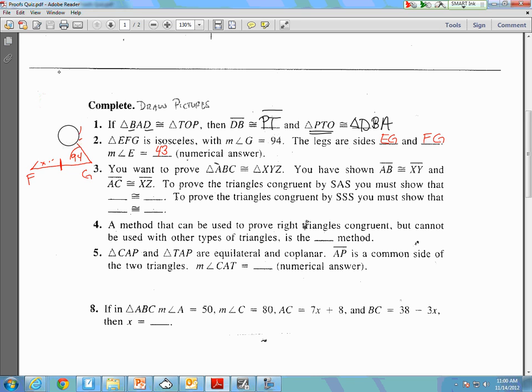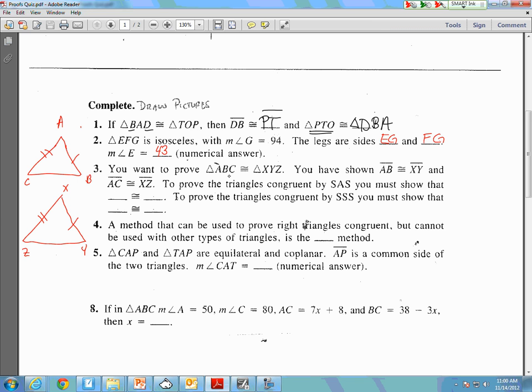If I wanted to look at question number 3, it says triangle ABC is congruent to triangle XYZ. So now it says you have shown AB congruent to XY. You've shown AC congruent to XZ.